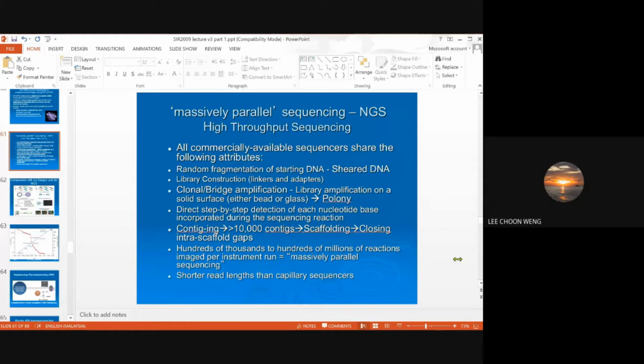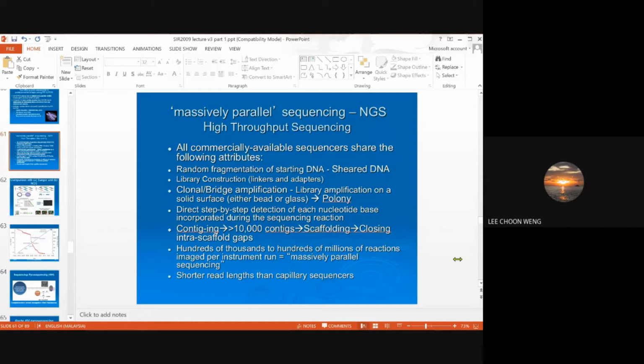But now they prefer the term high throughput sequencing because of the amount of data that you can easily get from NGS, in gigabytes. The amount of data you are getting from NGS is tremendous.